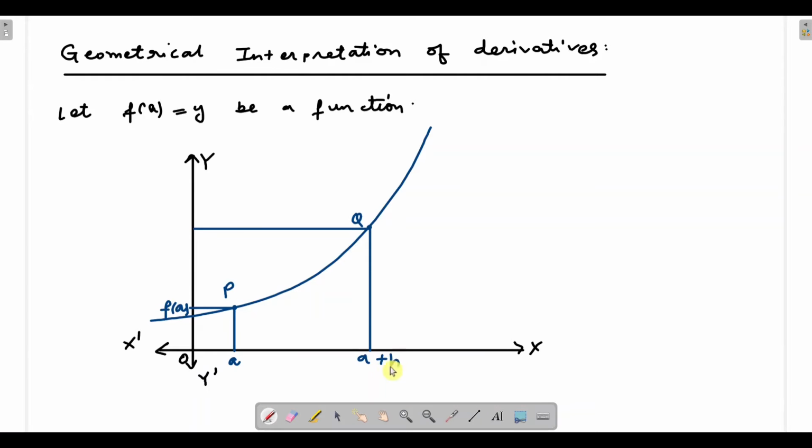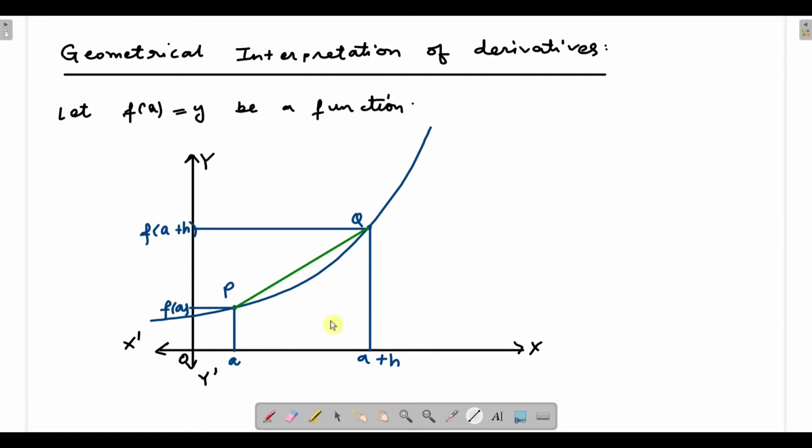So that means some increment to a, some increase in the value of a by h. So a plus h, this will be f of a plus h. Okay, now if you look at the chord PQ here, so this is the chord PQ, and then now we will have to find the slope of this PQ.